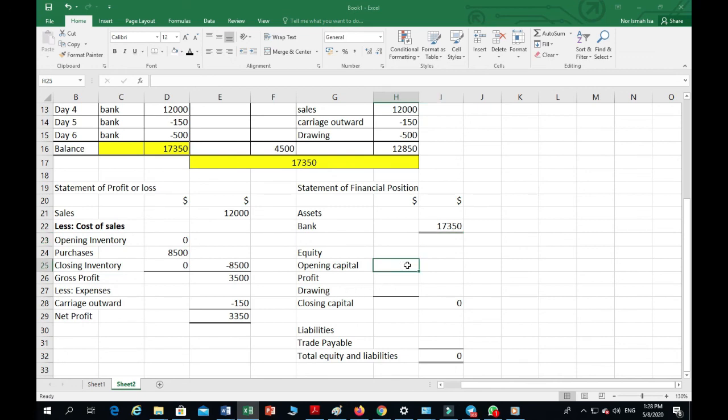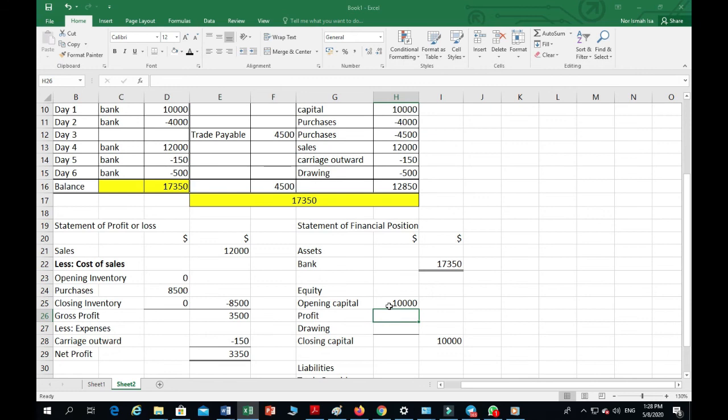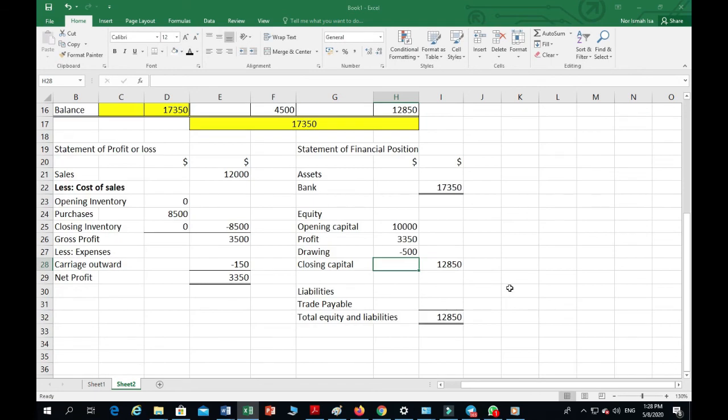Whereas for equity, there's a movement in the equity. The opening capital is 10,000, and the profit for the year is 3,350, and the owner takes out cash from the business, which is drawing, of 500. So the closing capital for the business becomes 12,850.